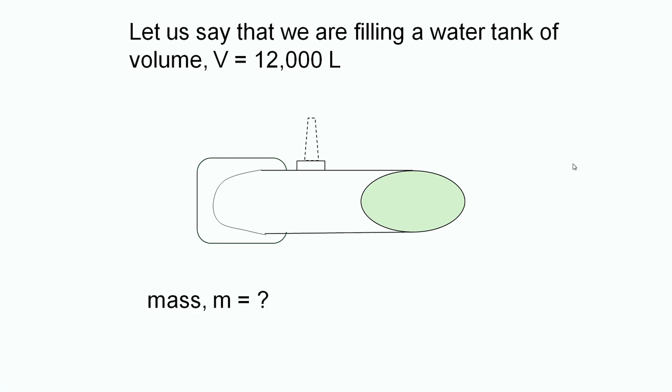What is the mass of the water in the tank? All of you know that if we know the density, we can find out the mass of the water in the tank, and the mass happens to be 12,000 kg because the density of water is 1 gram per cc or 1000 kilogram per meter cubed, 1 kilogram per liter, and therefore, 12,000 liters comes out to be 12,000 kg.